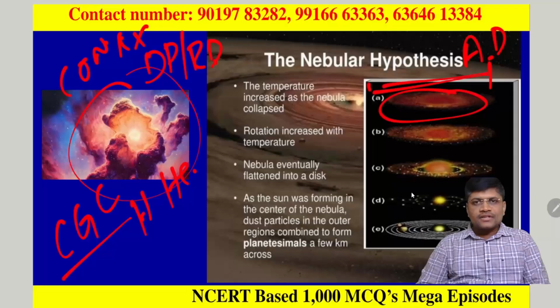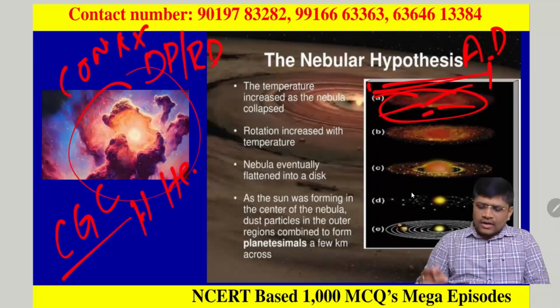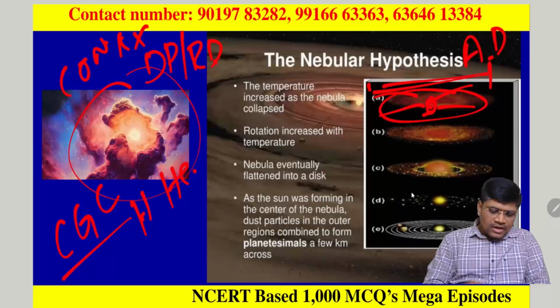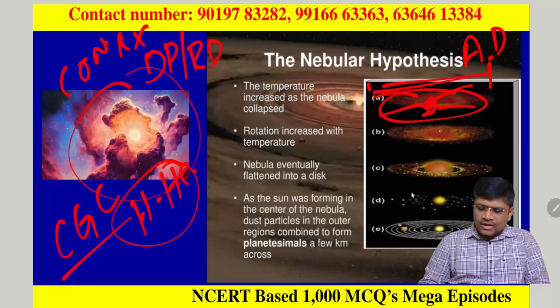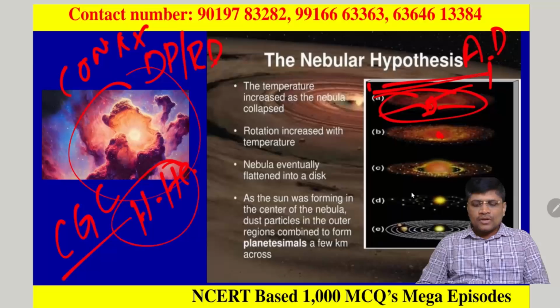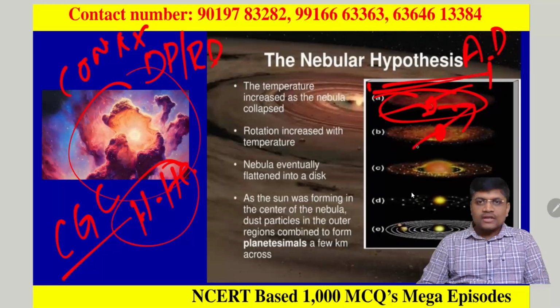So, once the accretion disk was formed, there were centripetal and centrifugal forces, both occurring. Because of the centripetal force, attraction towards the center, low density elements like hydrogen and helium started to fuse at the center. Due to continuous friction over a period of time, there was a gradual increase in temperature.